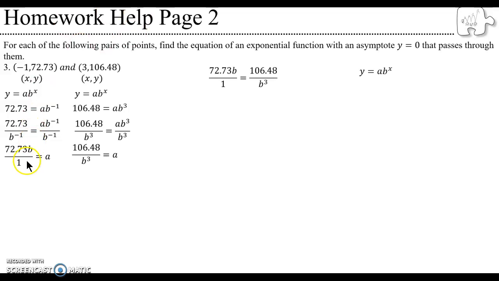So we turn it into a fraction. When this b goes up top, there's nothing left on the bottom, so it's just a 1.